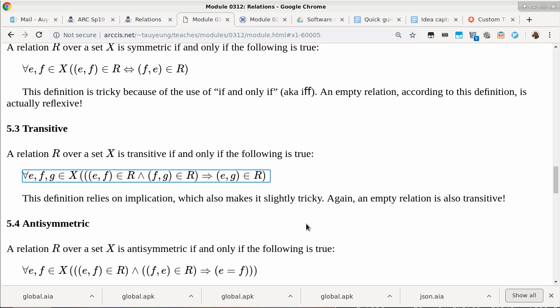But because R is empty, do you think A relates to B? Nope. If A does not relate to B, that means this element is false, which means this conjunction is false. But if you have the left-hand side of an implication being false, what is the value of the implication itself? The implication itself is true. So you can use that argument for any way to choose values for E, F, and G because R is empty. Nothing relates to anything. So that's why by default an empty relation is transitive.